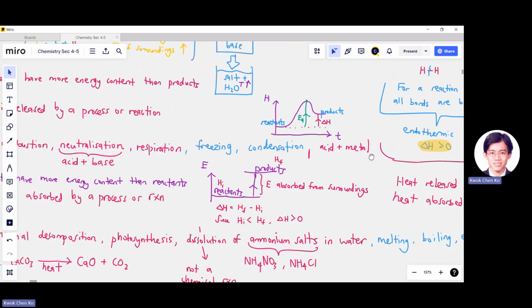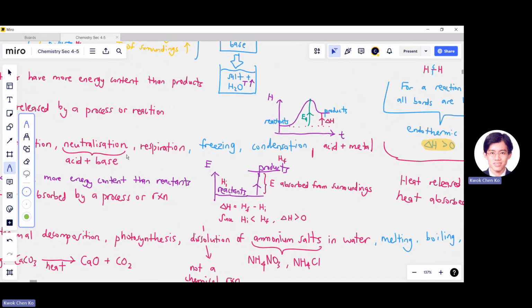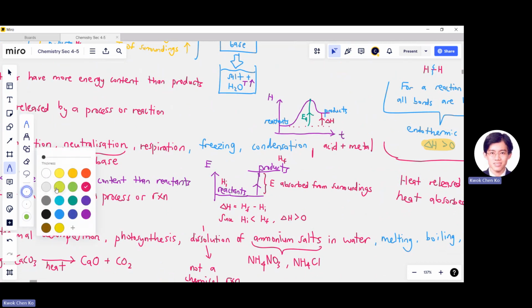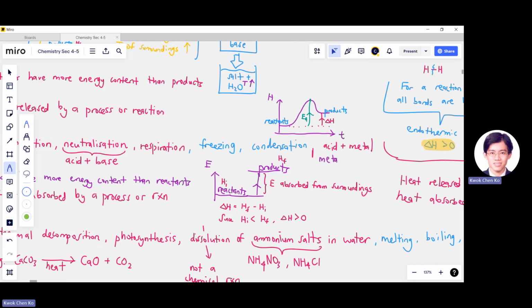But I want you to add one more. You need to know this also. One more example is acid, not acid, metal plus water, cold water, provided the metal can react with water.